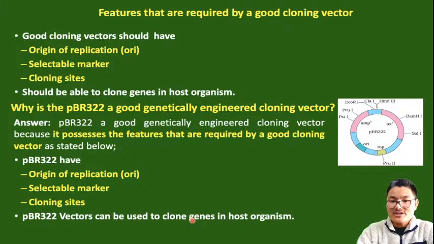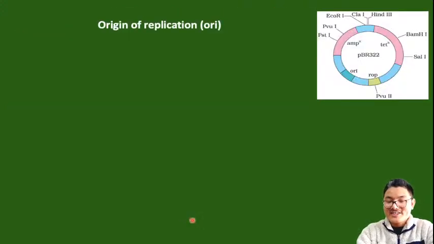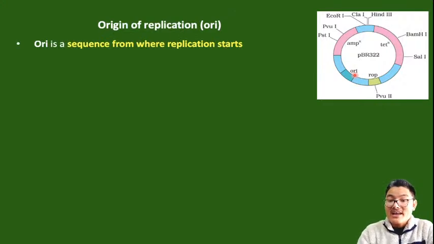Now, to continue with this, we can first discuss the origin of replication. Though we are saying that pBR322 has an ori site or origin of replication, what exactly is the ori site? We all know that replication of DNA usually starts with a replication fork, right? So the replication fork is the place where replication starts.